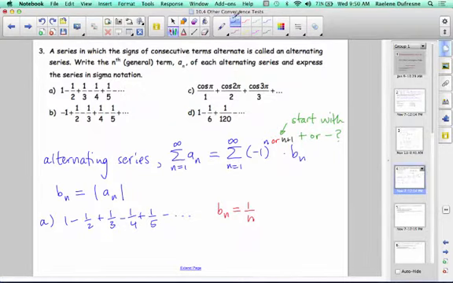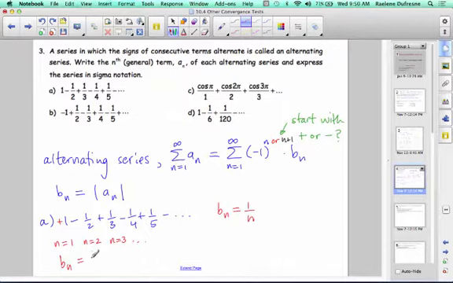Okay, so since we're starting with a positive term in this series, we need the -1 to have an exponent that leaves a positive for the first term. So what that really means is we need to decide what the values for n are. When we have the first term, n is 1, then n is 2, then n is 3, etc.